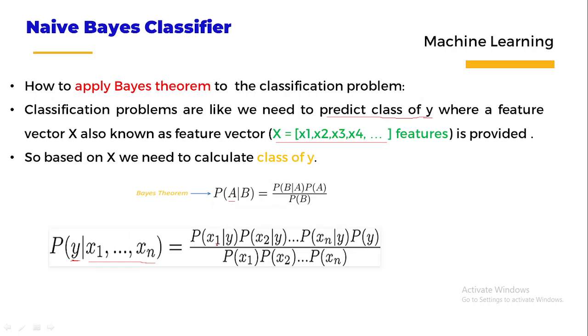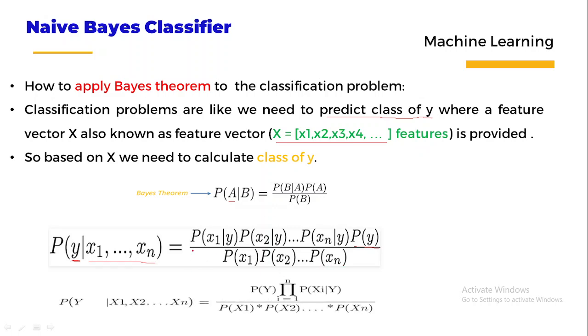Here we have simplified the formula. Probability of x1 given y, probability of x2 given y, up to probability of xn given y, and then probability of y, divided by probability of x1, probability of x2, up to probability of xn.